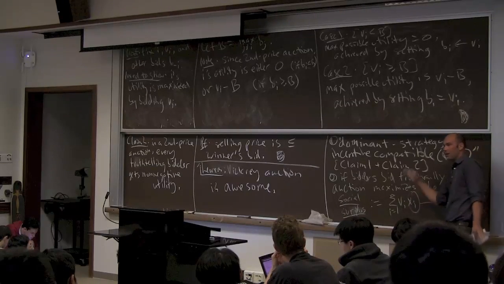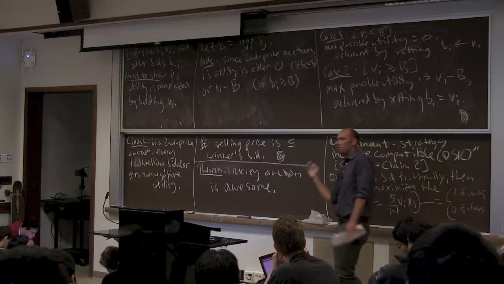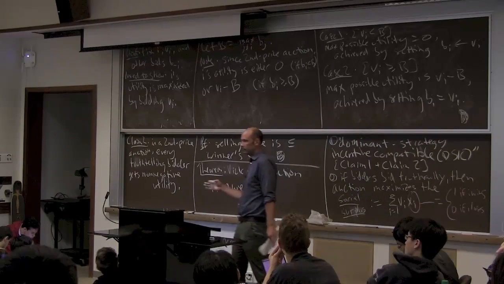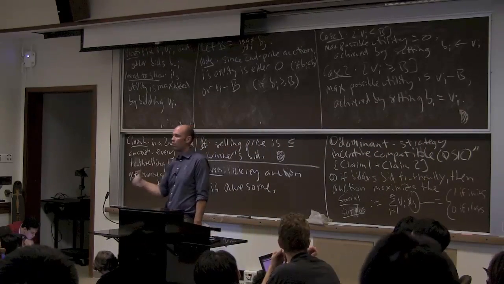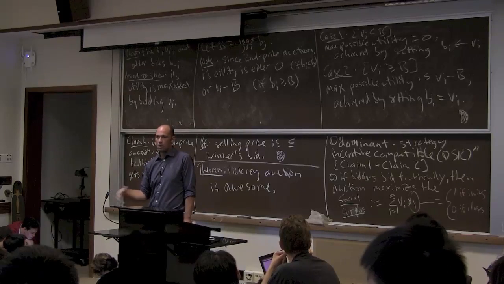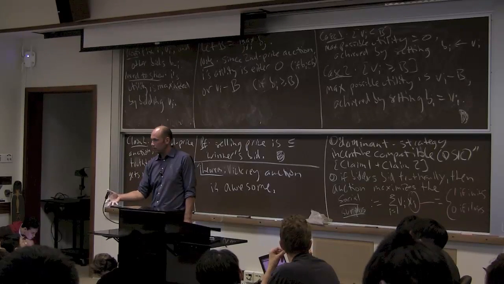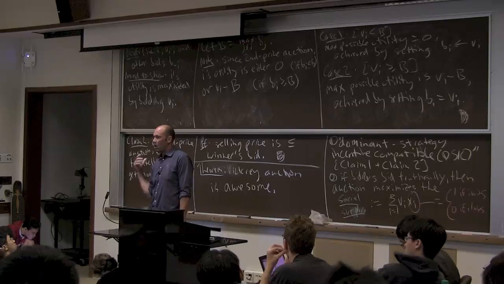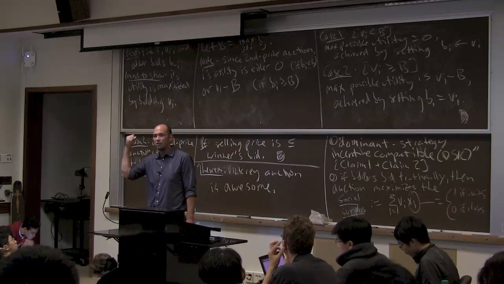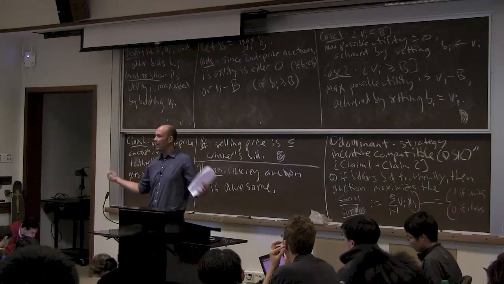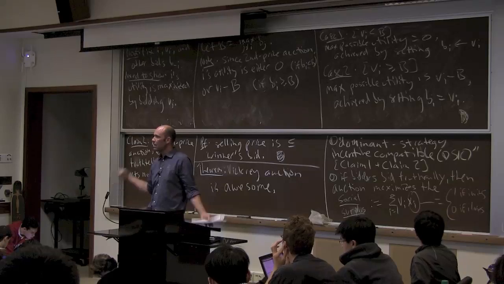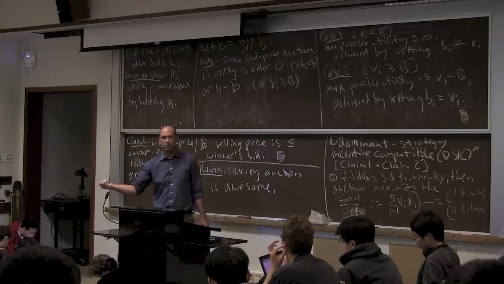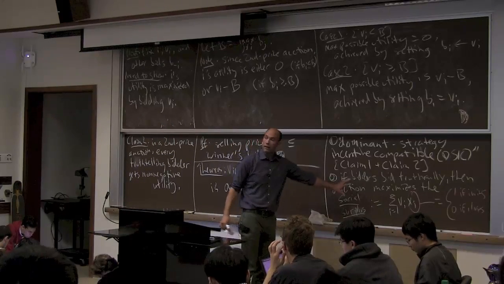So what I'm claiming here is that the highest valuation bidder wins in the Vickrey auction, assuming that all of the bidders report their true valuations. Why is that true? Well, by definition, the Vickrey auction selects as the winner the highest bidder. If everyone's bid equals their valuation, then the winner is the bidder with the highest valuation. So that's all I'm saying right here.